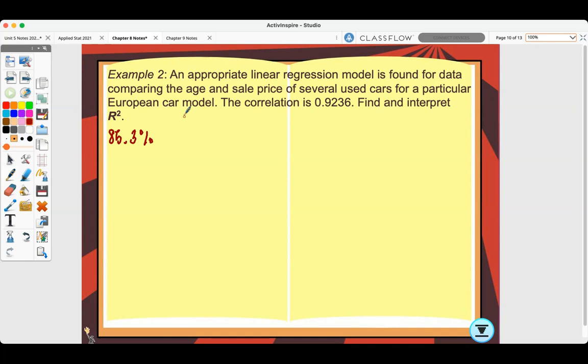And so that means 85.3% of the variation in sales price of the cars is predicted by the linear regression model with age.